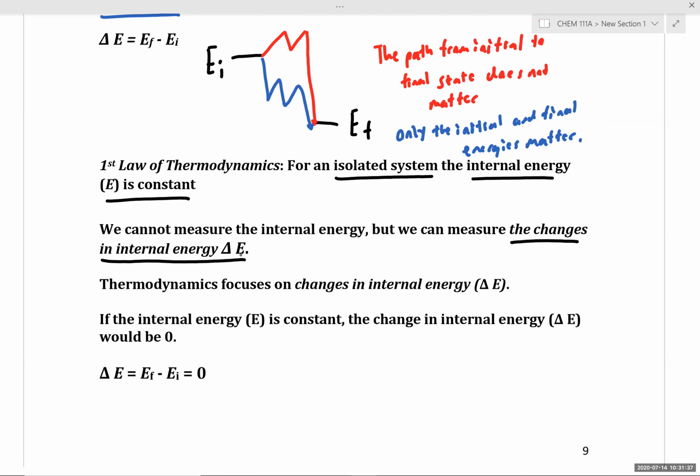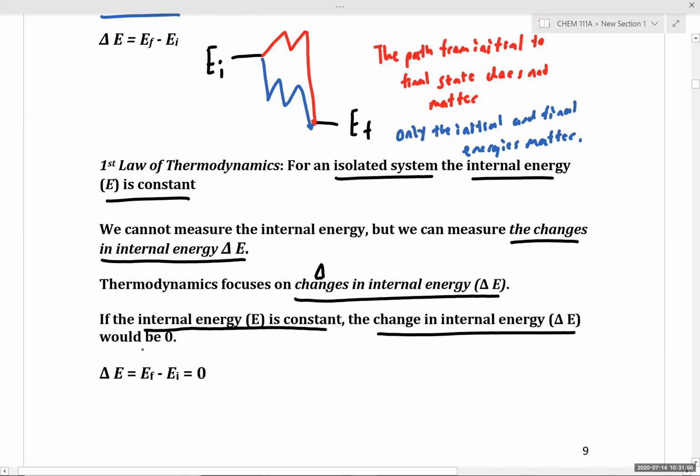So thermodynamics focuses on changes in internal energy that we call delta E. Anytime you see the word changes, think the symbol delta. So if the internal energy of an isolated system is constant, then the change in internal energy would be zero. So delta E would be zero for an isolated system.